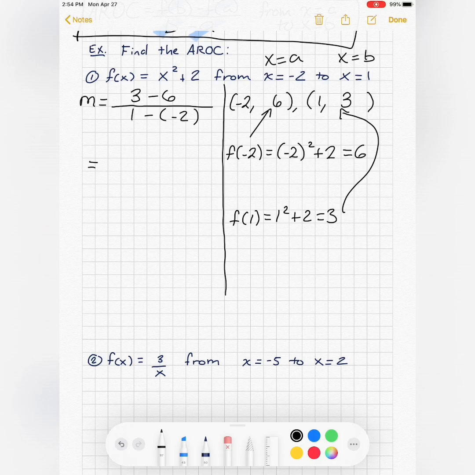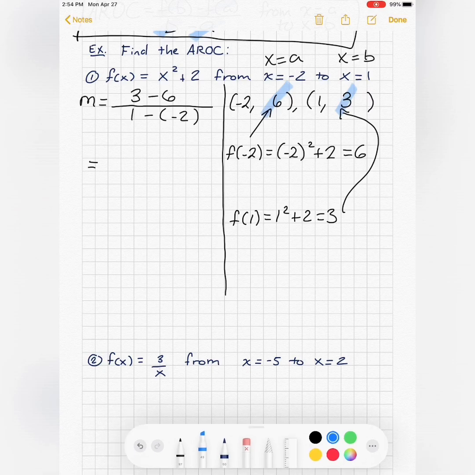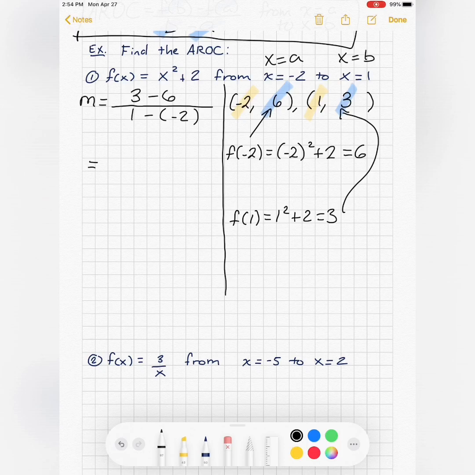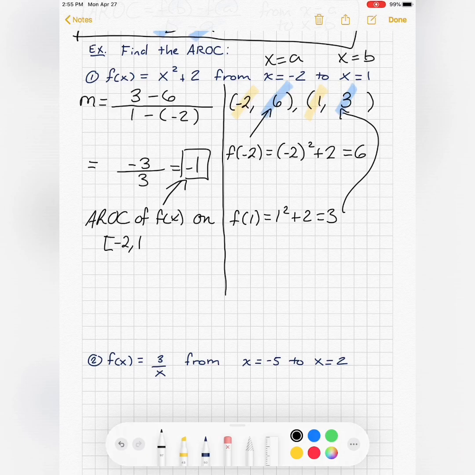So it's y2 minus y1 in the numerator, and then x2 minus x1 in the denominator. And then I just simplify this. So this is the average rate of change of f of x on the interval -2 to 1, or from x equals -2 to x equals 1.